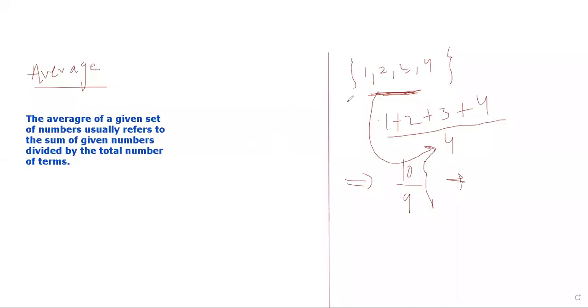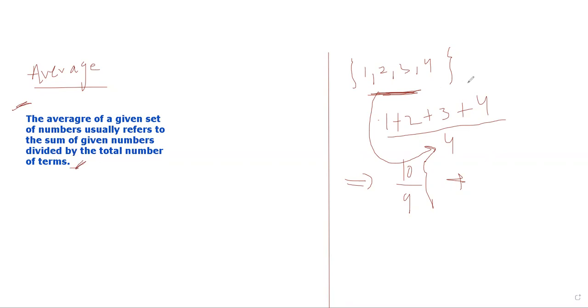Okay, my dear friends, so I just plotted this definition here, the definition of this average. So you can see here, I wrote here the average. I'm apologizing for this writing mistake. The average of a given set of numbers usually refers to the sum of given numbers divided by the total number of terms.